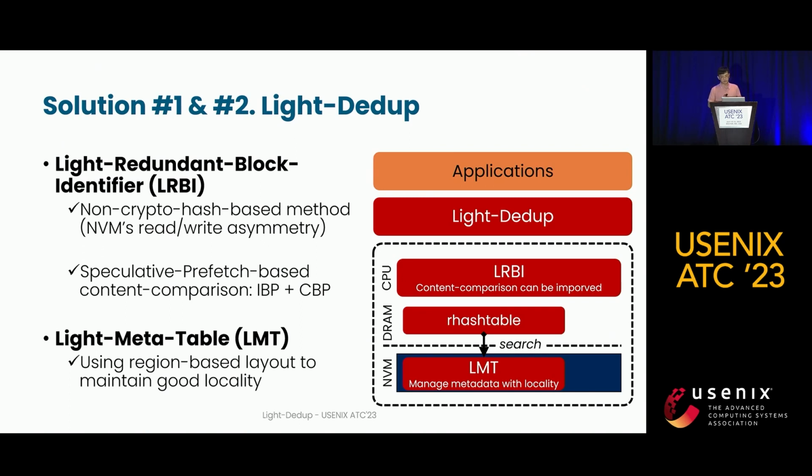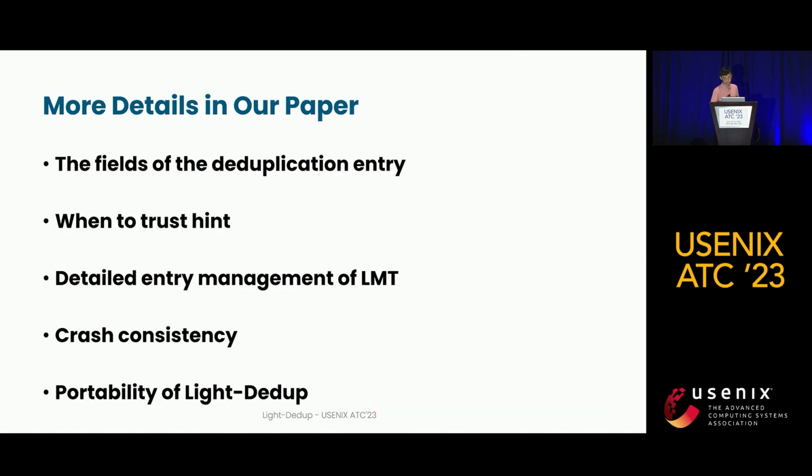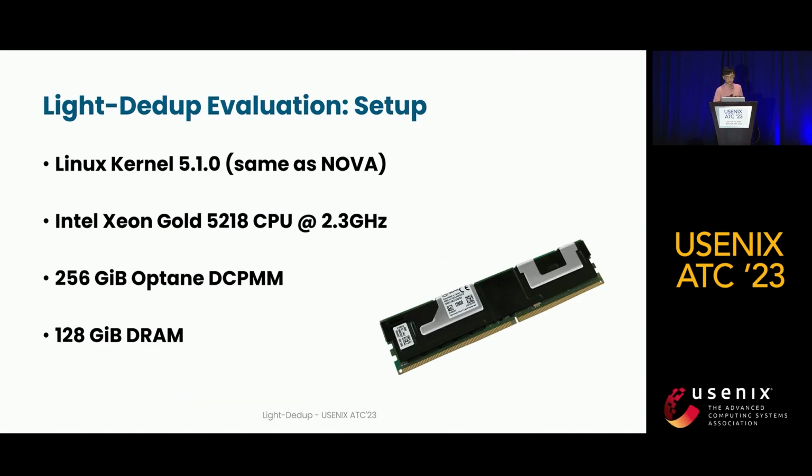Light-Dedup can perform efficient redundancy identification by using speculative prefetch-based content comparison while retaining low metadata I/O amplification by deploying a region-based layout. With Light-Dedup, we can exploit all the NVM features during NVM deduplication. More details such as crash consistency and portability can be found in our paper.